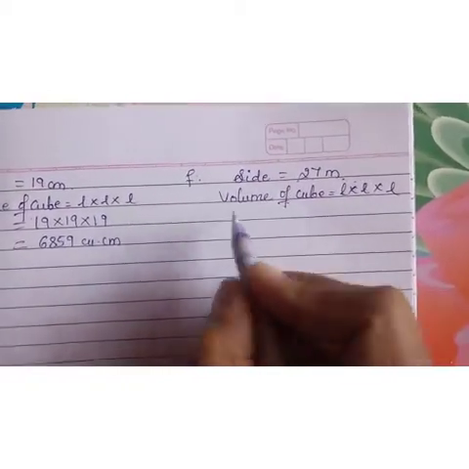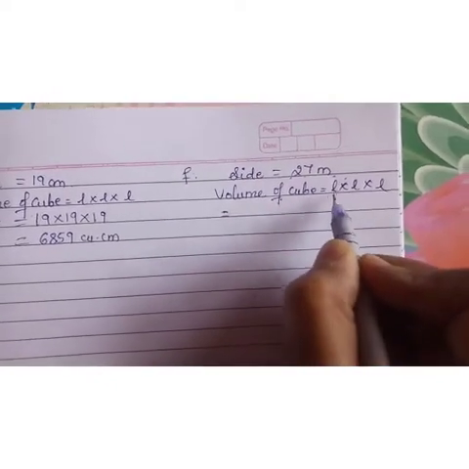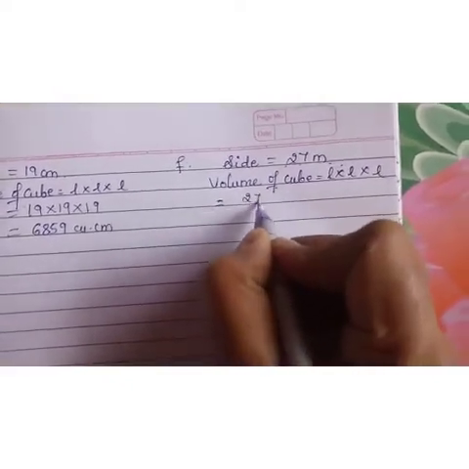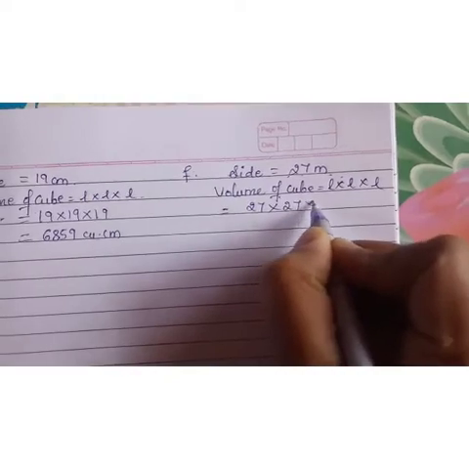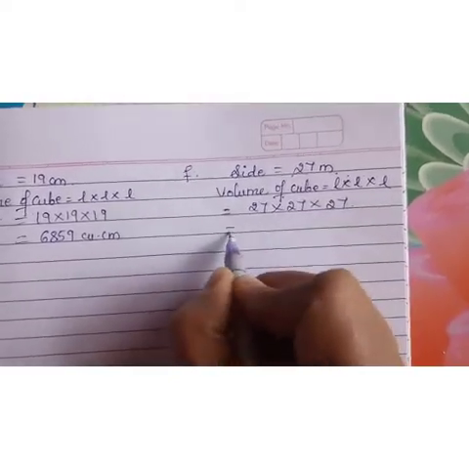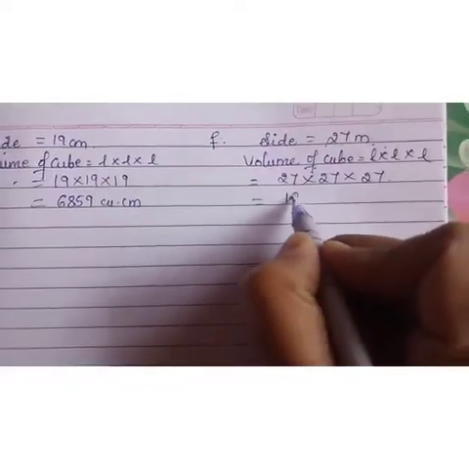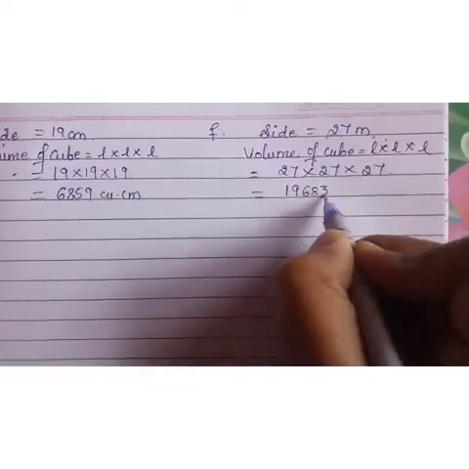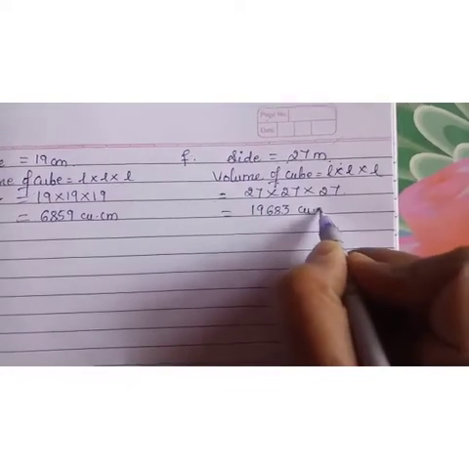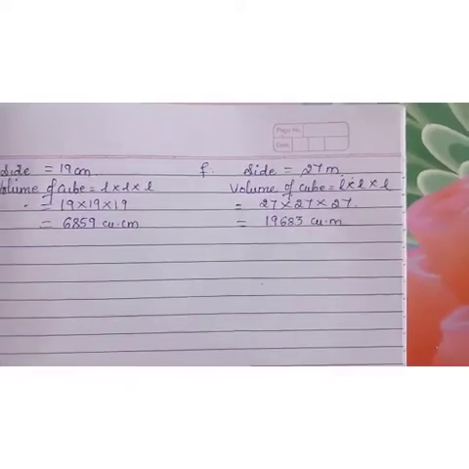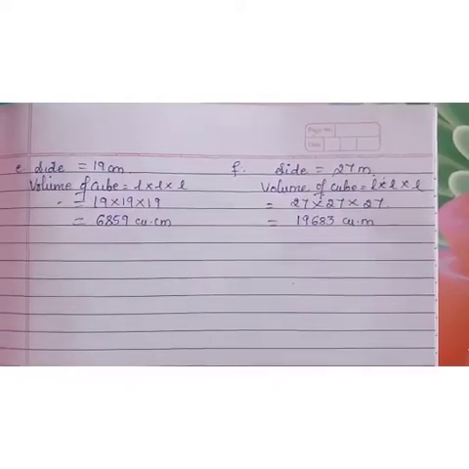Again write the formula. Volume is equal to L into L into L, that is 27 into 27 into 27. When you multiply, you get the answer 19683. Unit will be cubic meters because we have meter here. I hope you all have understood. Okay.